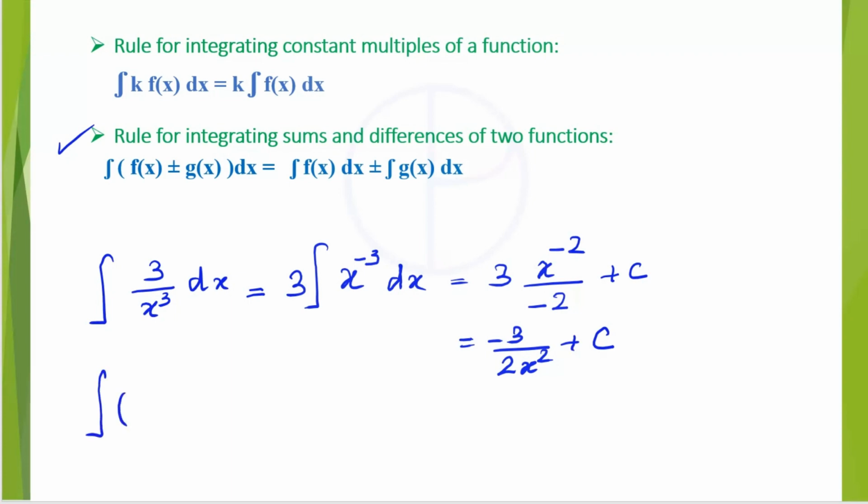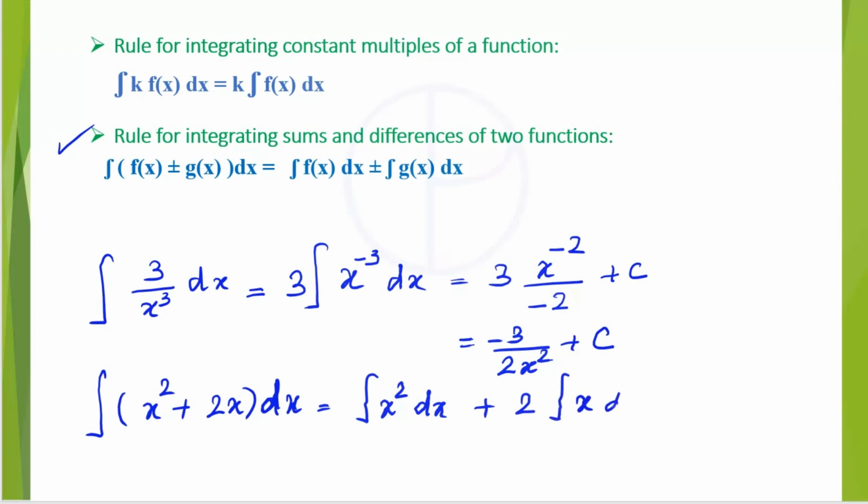Let us look into this example: integral x squared plus 2x dx. This can be written as integral x squared dx plus 2 integral x dx. So how to integrate this one?